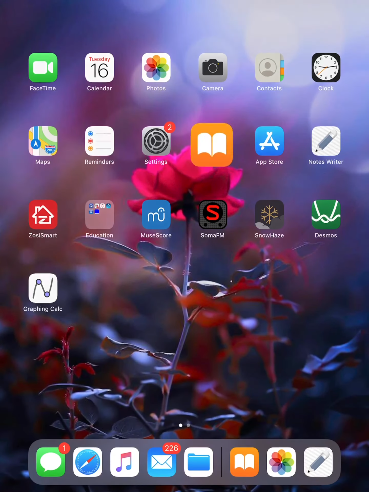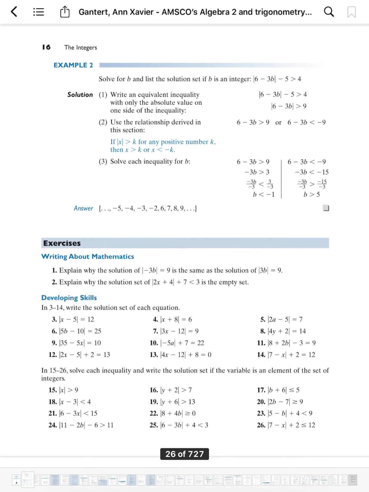Onwards. Question number 22 from the book. Absolute value of 8 plus 4b is greater than or equal to 0. 8 plus 4b must be greater than or equal to 0. Now for this one, we're working with the 0 at the origin, it's the center point.